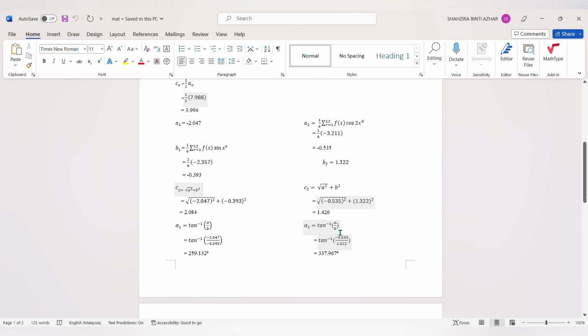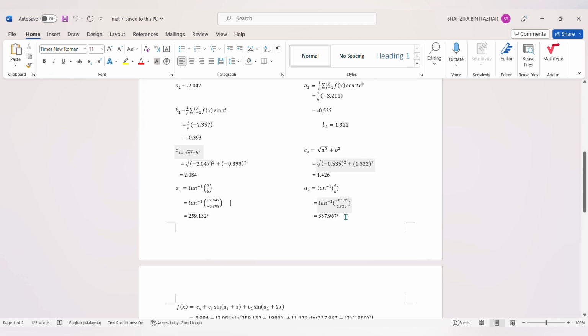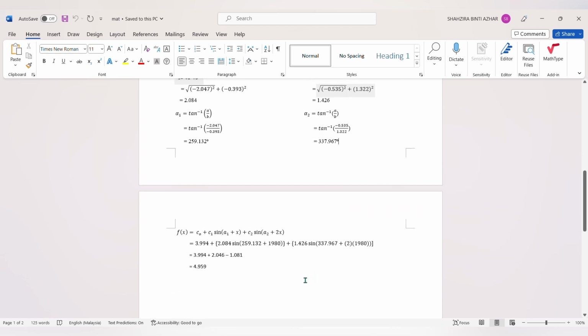Then for the angle alpha 2, the area for this is negative y, x, so when we got the answer for alpha 2, we should do 360 minus alpha 2. And then the answer is 337.696.